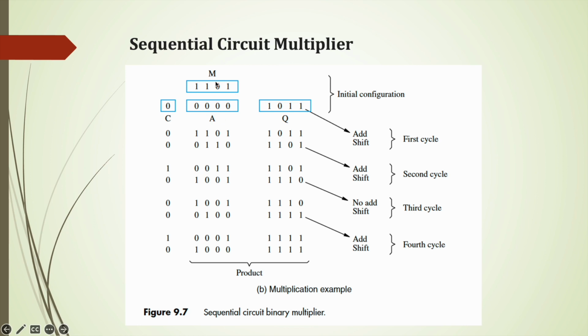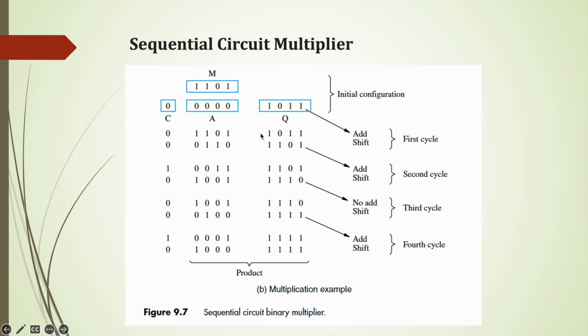If we add these two, we'll get 1 1 0 1. I wrote all the numbers 0 and the sum of these two, 1 1 0 1, and the same value 1 0 1 1. I added the M value and I shift the value.